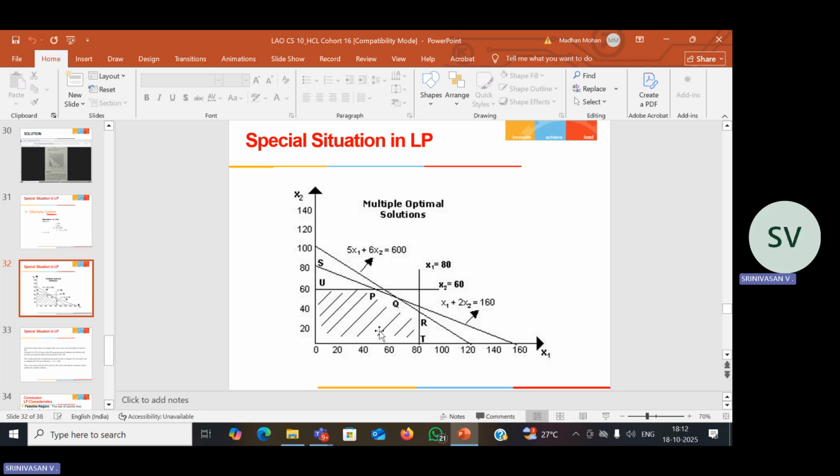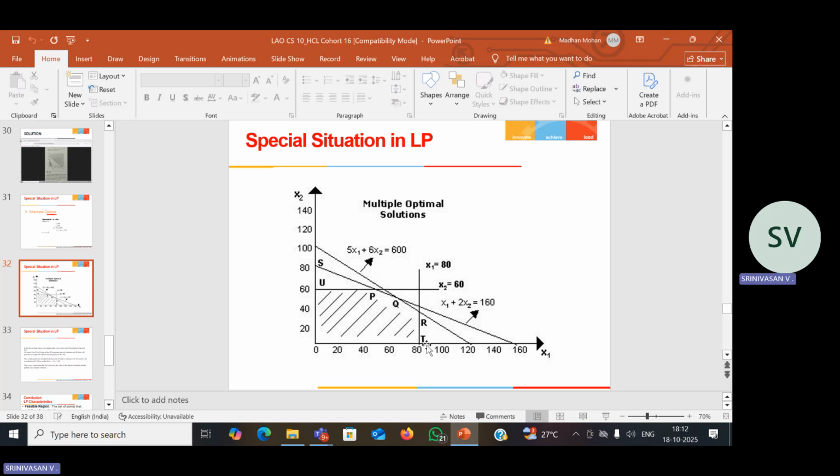Therefore, if you just look at the shaded region, shaded with some cross lines, you can look for the points on the boundary of this feasible solution space to be U, P, Q, R, T. These are the corner points.